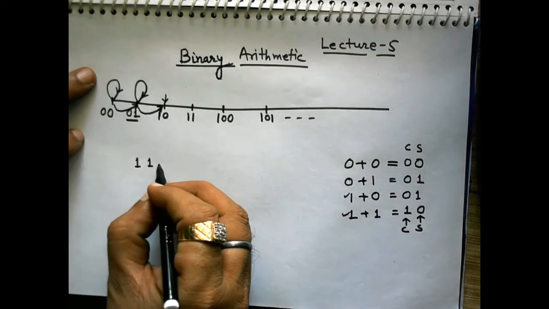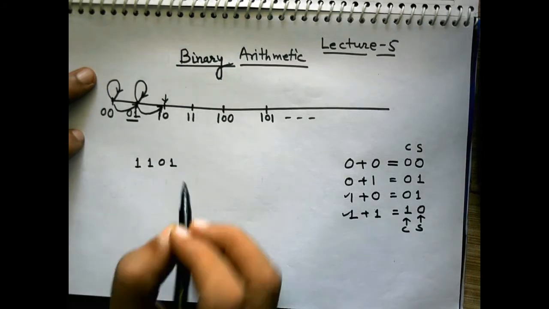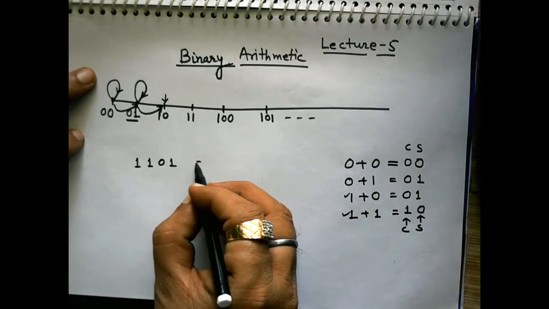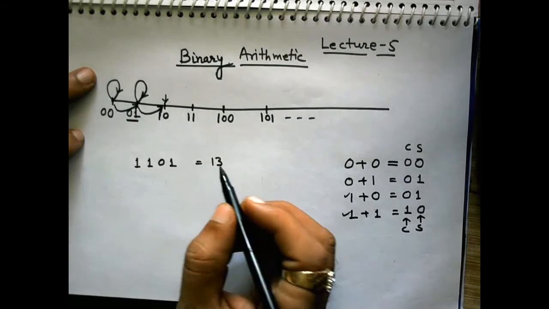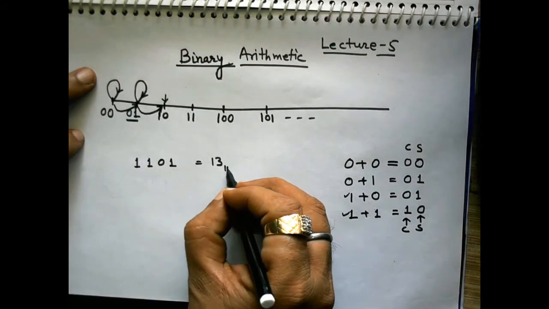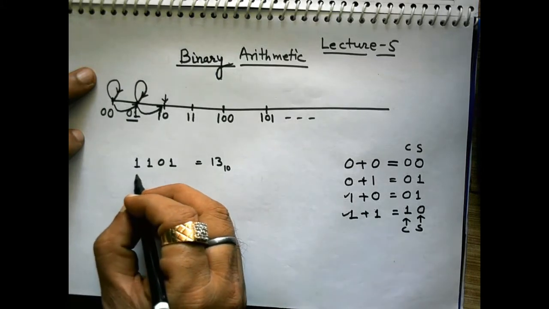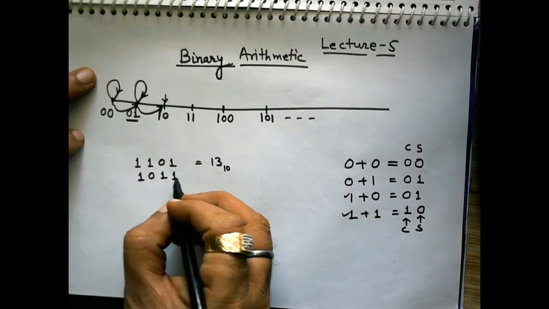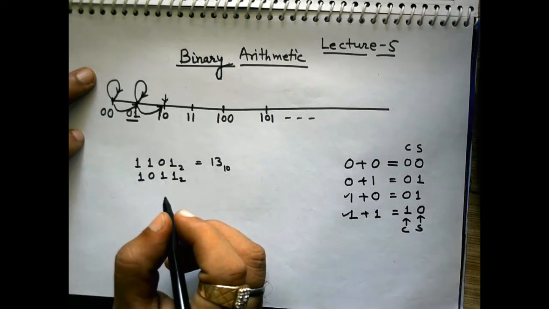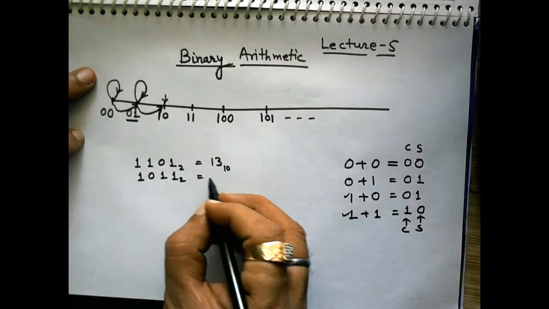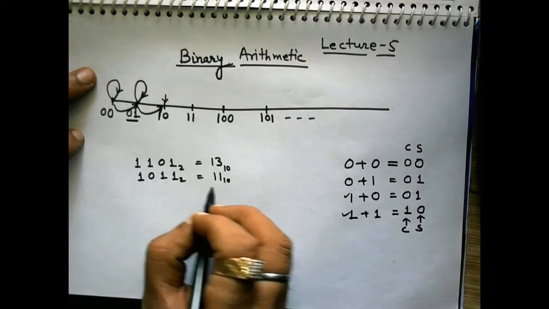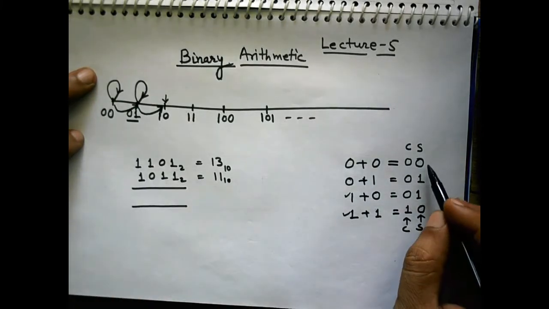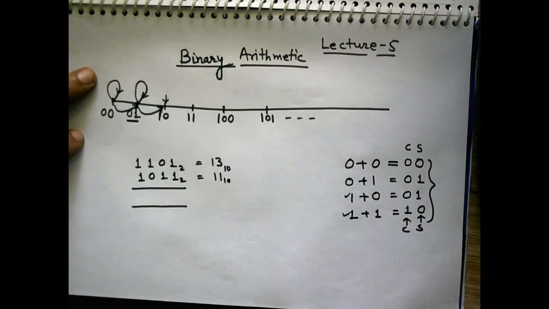Suppose we have this binary, which is equivalent to 13 in decimal, and this binary, which is equivalent to 11 in decimal.